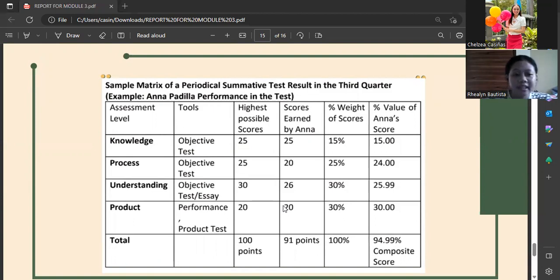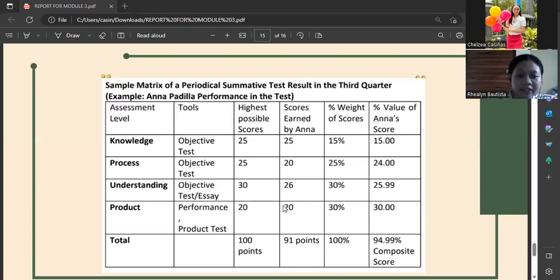And ang scores, since ang example natin is si Ana Padilla's performance in the test, ito yung mga scores na nakuha ni Ana. 25 sa knowledge, 20 sa process, sa understanding is 26, sa product is 20. So 91 points yun na score na na-earn ni Ana.